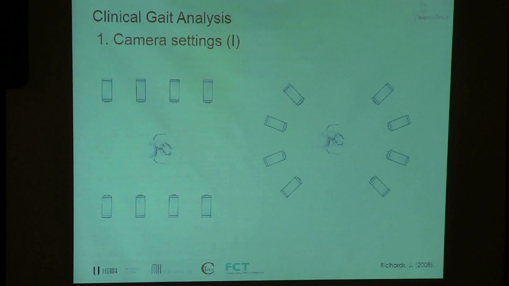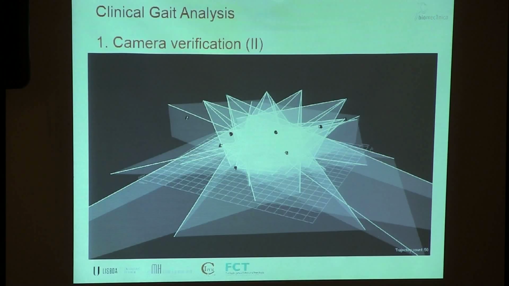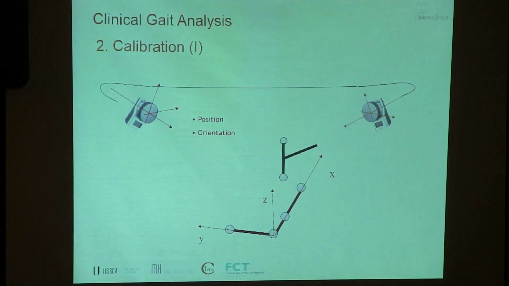You have cameras placed around the subject in different possible positions. These cameras are usually infrared cameras that are specially developed to be highly accurate. This is one configuration in our lab, in our case with 14 high-speed, high-resolution cameras.